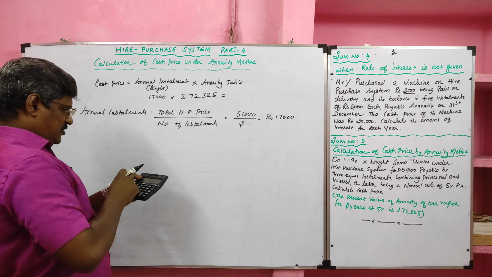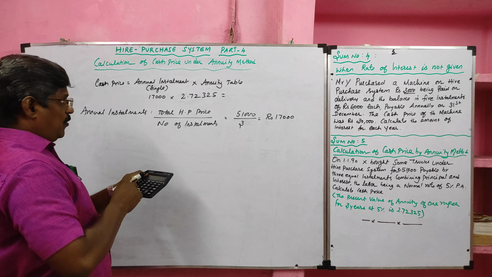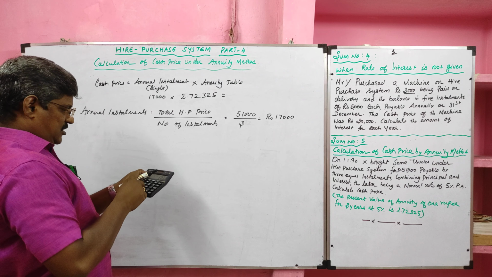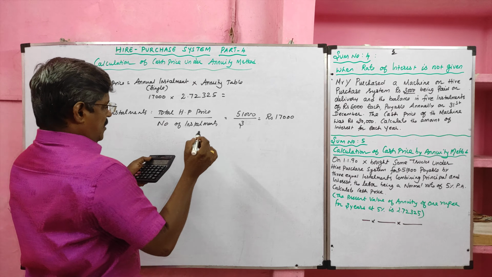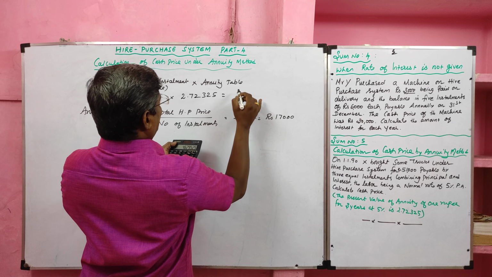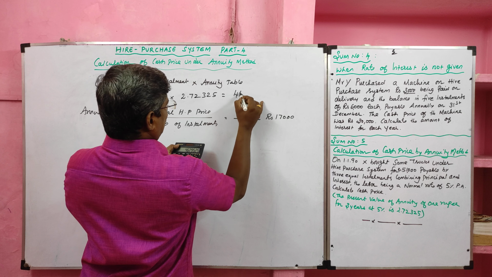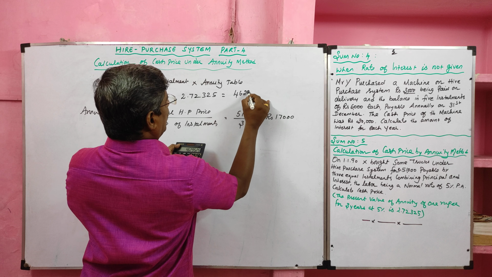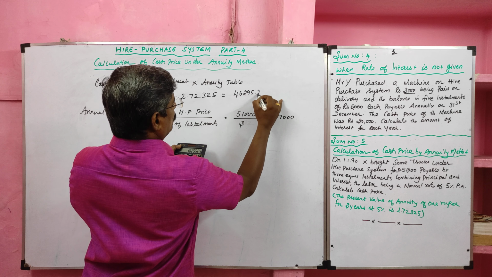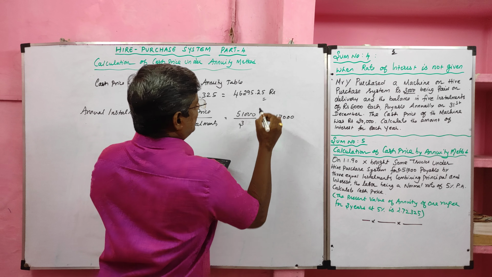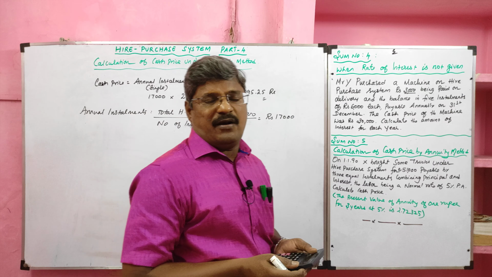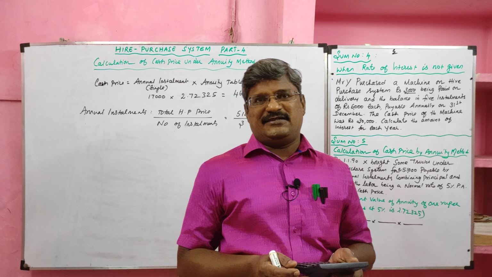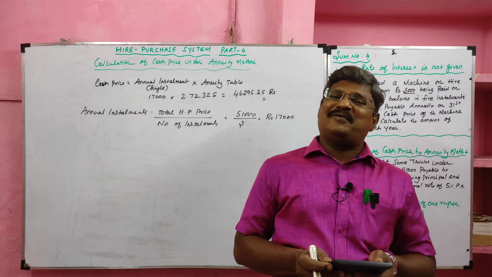So 17,000 multiplied by 2.72325. So our cash price under annuity method is 46,295.25 rupees. Students, we completed 5 problems in relation to hire purchase system. In the next class we will solve different problems. Till then, bye.